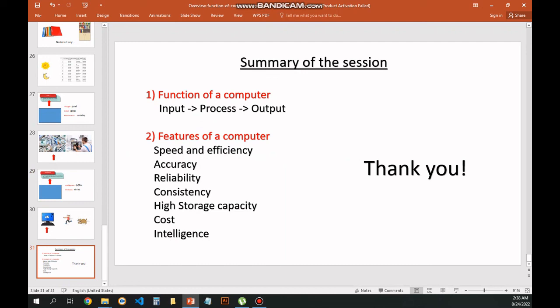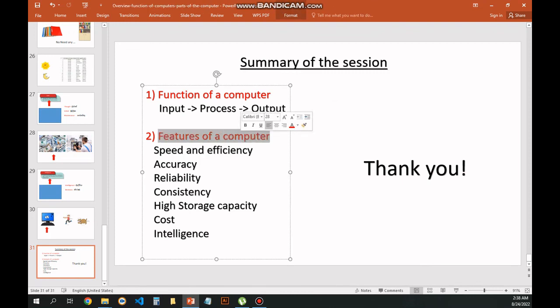First, we talked about the functions of a computer, how the computer functions. There's a method called input, process, then output. Then we talked about the features, or characteristics, of a computer: speed and efficiency, accuracy, reliability, consistency, high storage capacity, cost, and lastly intelligence.